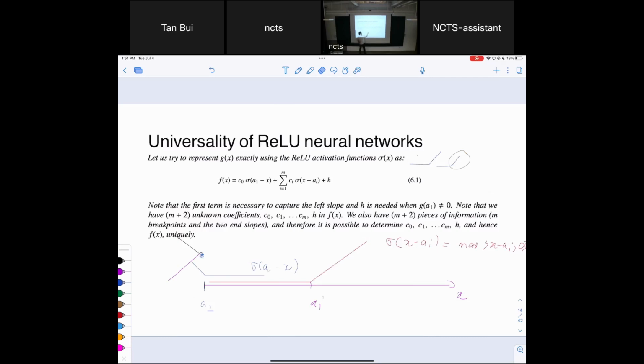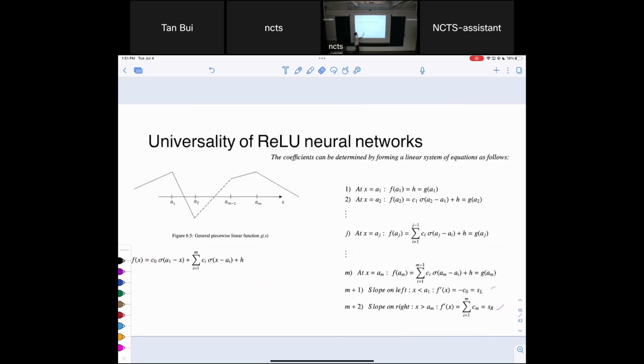If you are at a2, the only activation function that is non-zero is sigma of x minus a1.